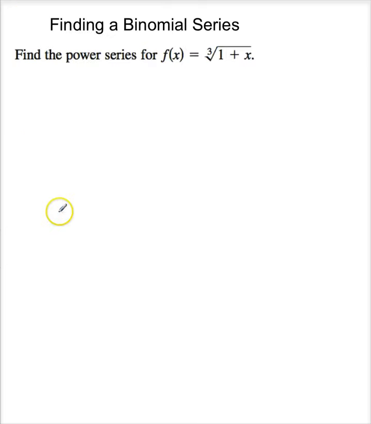So what do you do when you look for a power series expansion for something like this, the cube root of 1 plus x? Well, I don't want to do all these derivatives, and neither do you.